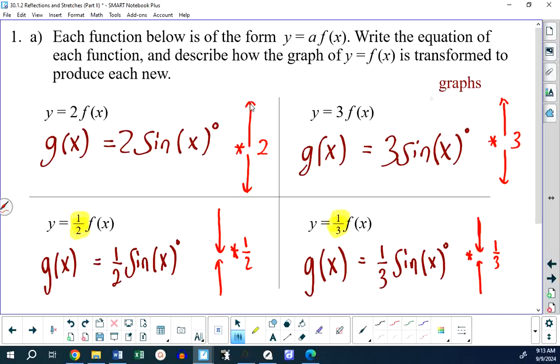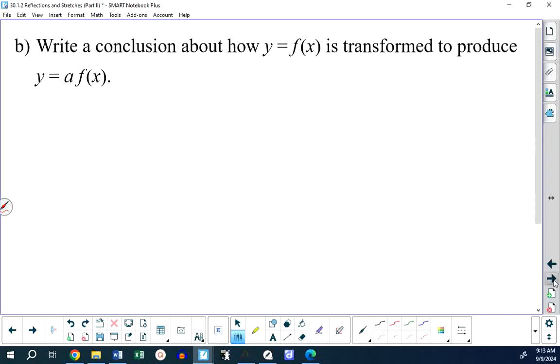So what is the conclusion? We're asked to describe what happens to each of these graphs, but we are also asked to write a conclusion. And we can't use arrows here because a could be a number bigger than 1 or between 0 and 1.